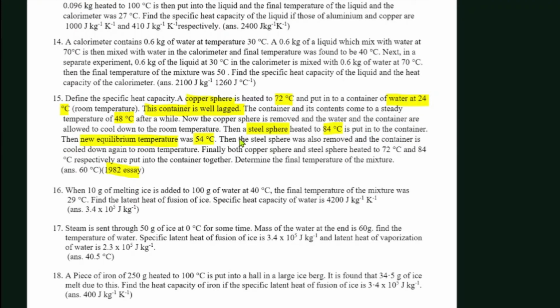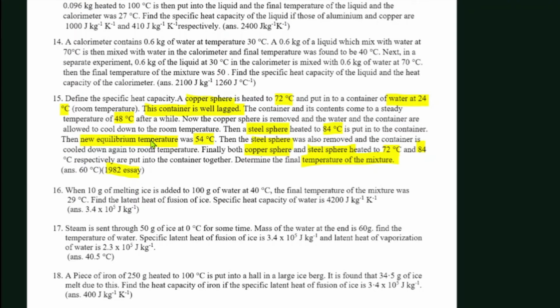Then the steel sphere is also removed and the container is cooled down to room temperature. Finally, the copper sphere and the steel sphere, heated to 72 and 84, are both put into the container. Determine the final temperature of the mixture. In this question, the specific heat capacities of the steel sphere, the copper sphere and the water are not given.